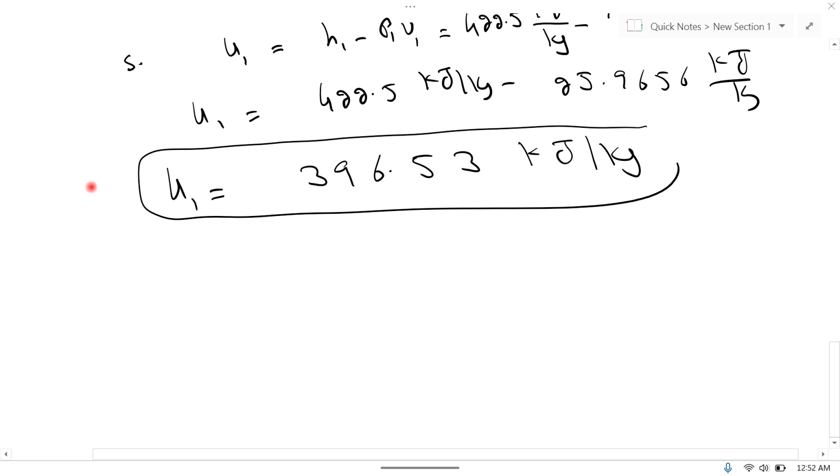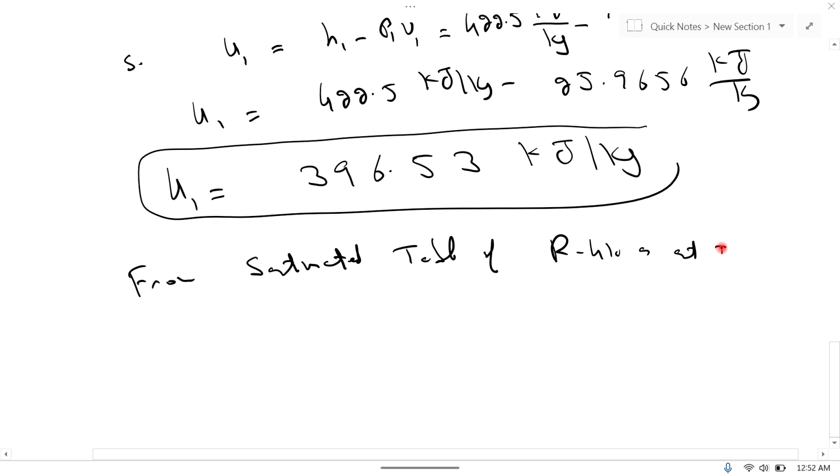So first we check whether point 2 is in the wet region or in the superheated region. From the saturated table of R410A at temperature T2 equal to minus 20 degrees centigrade, find Vf and Vg.